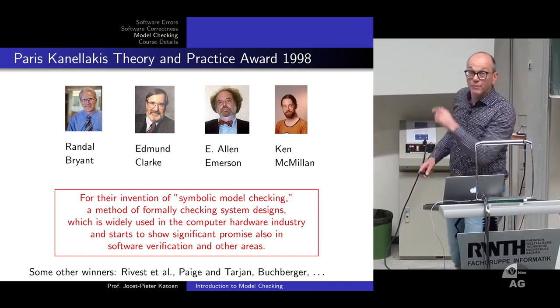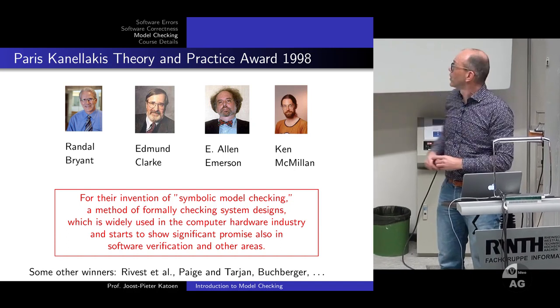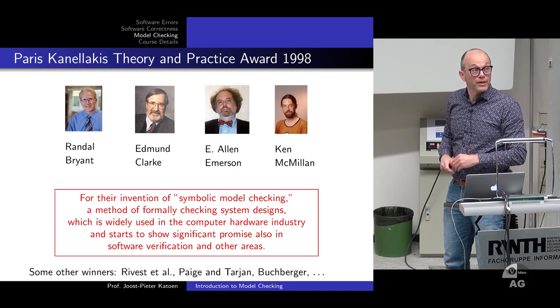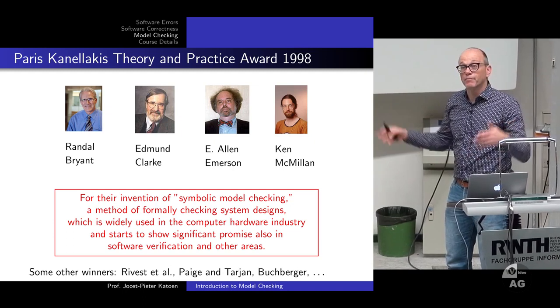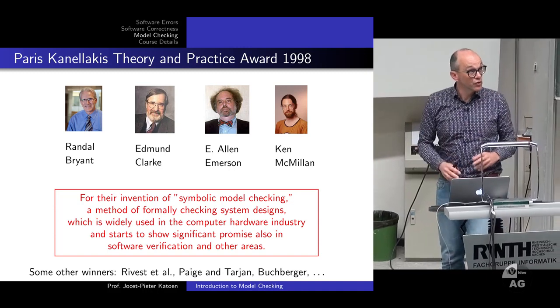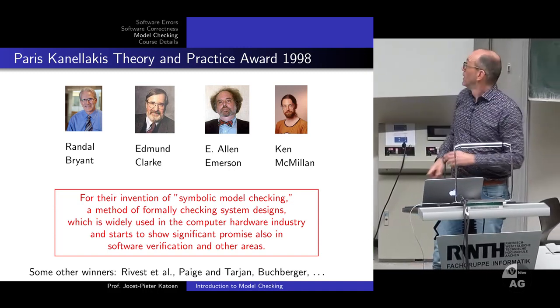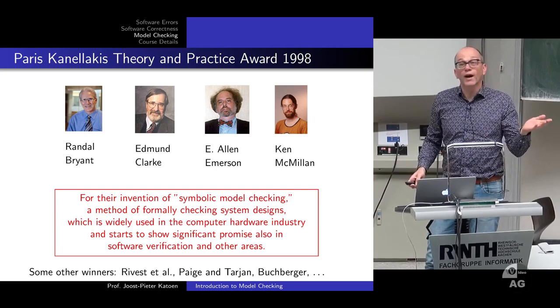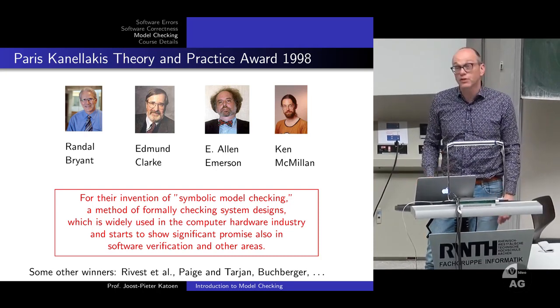Some other winners of the same prize, to give you some indication about the importance of this prize. Paige Tarjan developed things like balanced trees, splay trees, all kinds of data structures that you can use to do efficient operations. Depth first search, one of the key algorithms for graphs, was developed by Robert Tarjan.